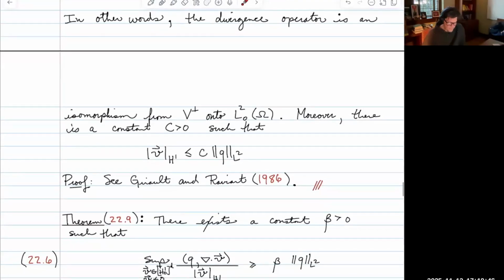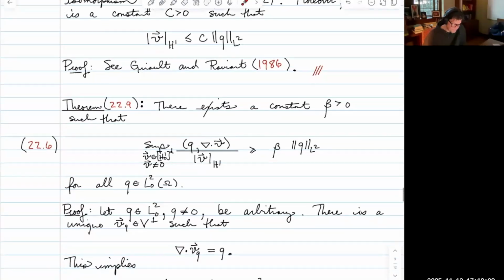We don't have time to prove it, so we'll just use the reference, Girault and Raviart from 1986, a fairly famous book. If you get deep into finite element methods, and in particular finite element methods for Navier-Stokes, that's a good reference to have.